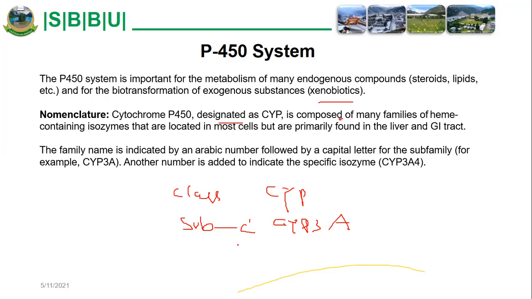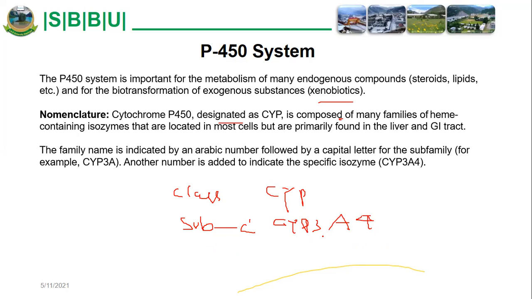If it becomes a specific isoenzyme, you must attach certain other factors like 4 or 3 or E or certain other numbers. So this becomes the specific isoenzyme. You know about isoenzymes, so I'm not going into that.